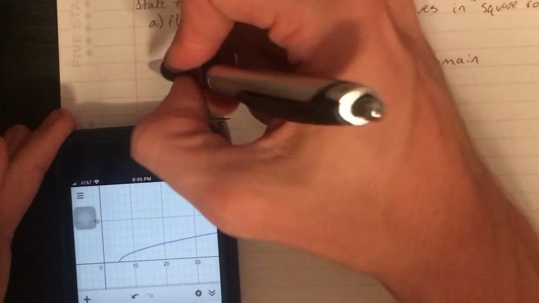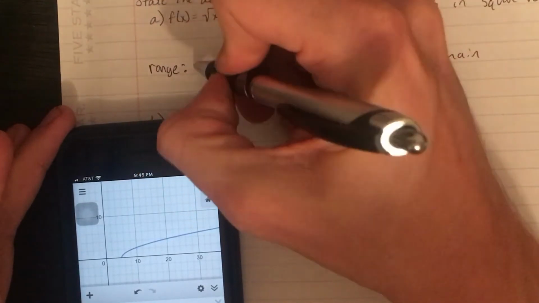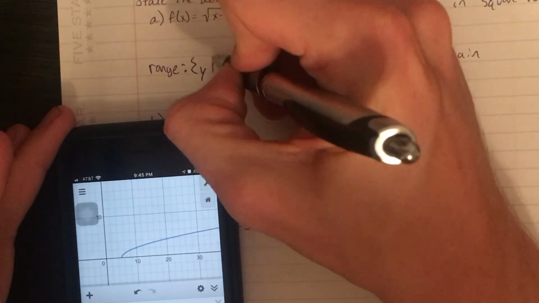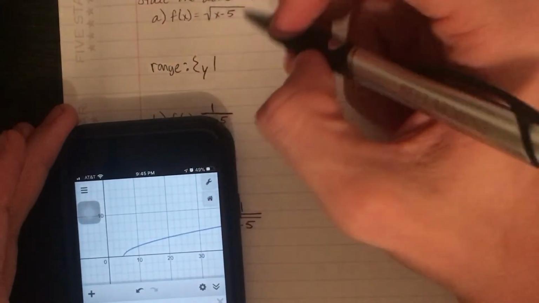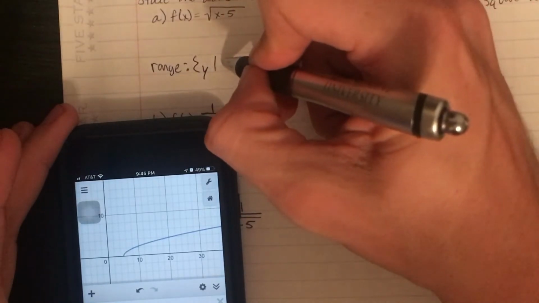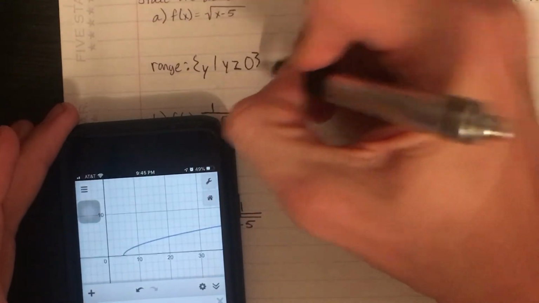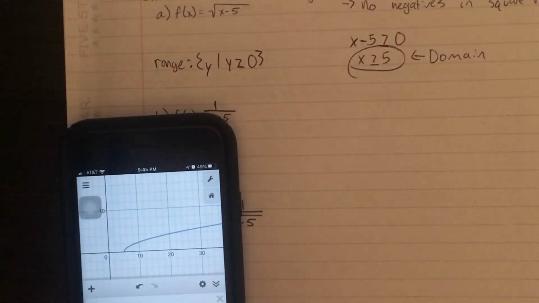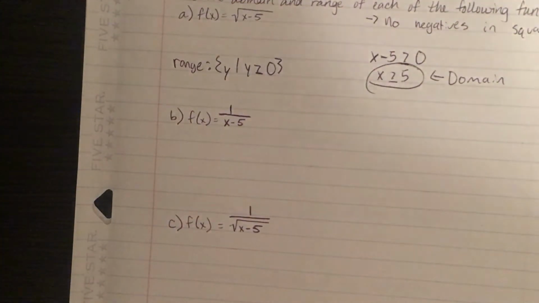So for the range, we're going to say that y such that y is greater than or equal to 0.